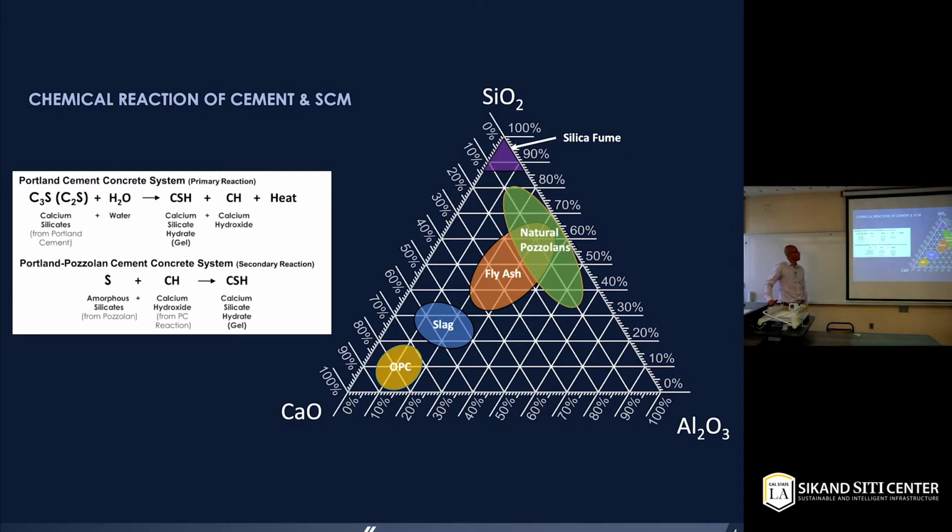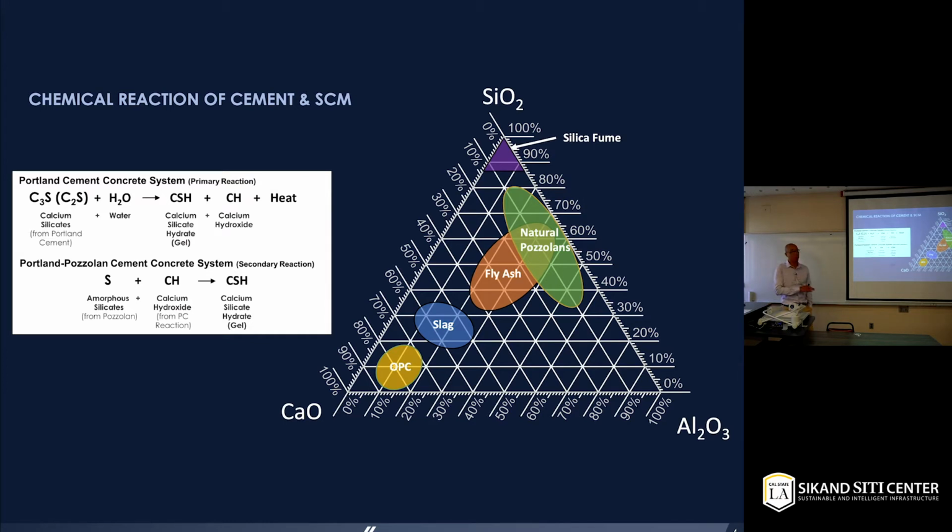So what's the difference between fly ash, slag, natural pozzolans, Portland cement, and silica fume? From this plot, you can see there are only three components: calcium oxide, aluminum oxide, and silicon oxide.